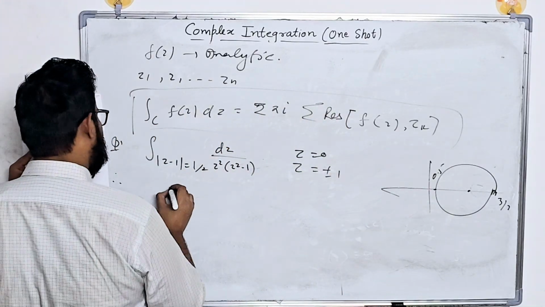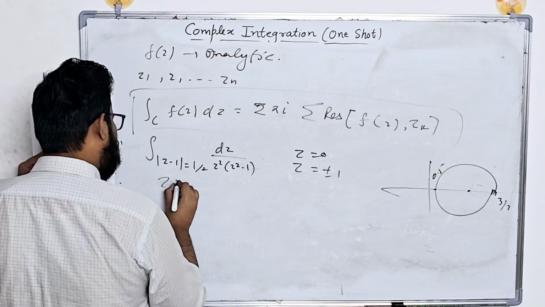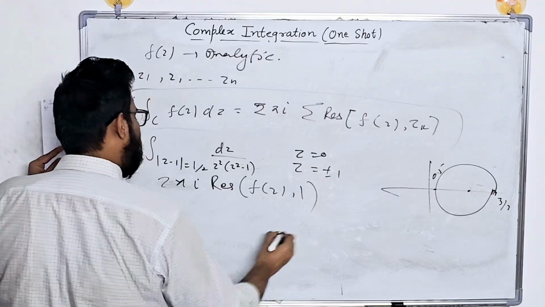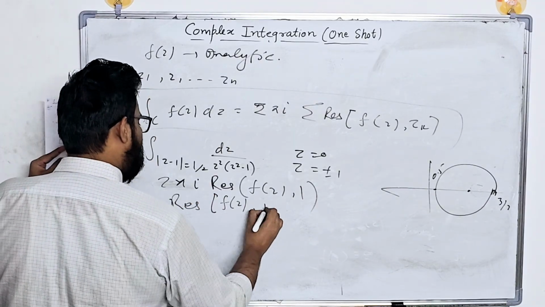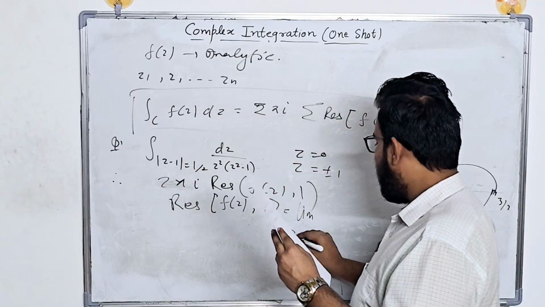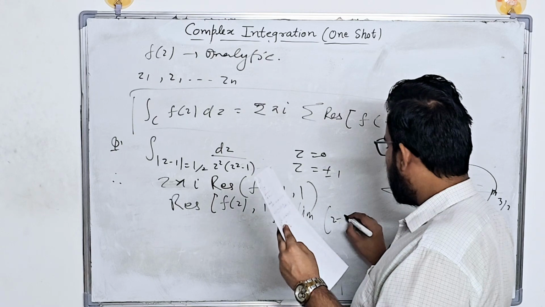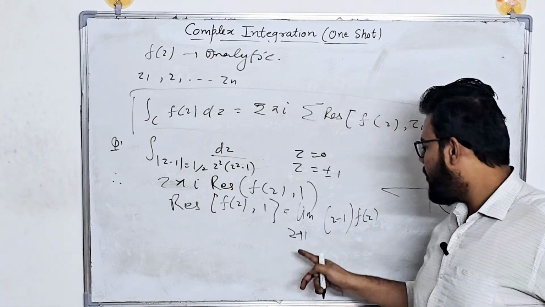So this integral is equal to 2 pi i times the residue of f(z) at 1. Now the residue of f(z) at 1 is basically the limit as z tends to 1 of (z minus 1) times f(z).